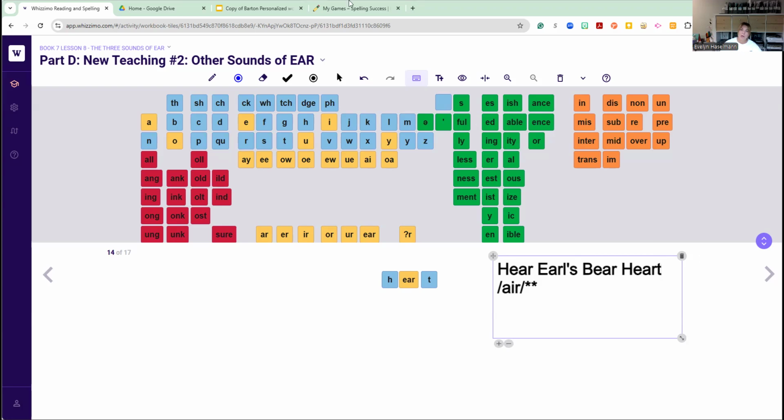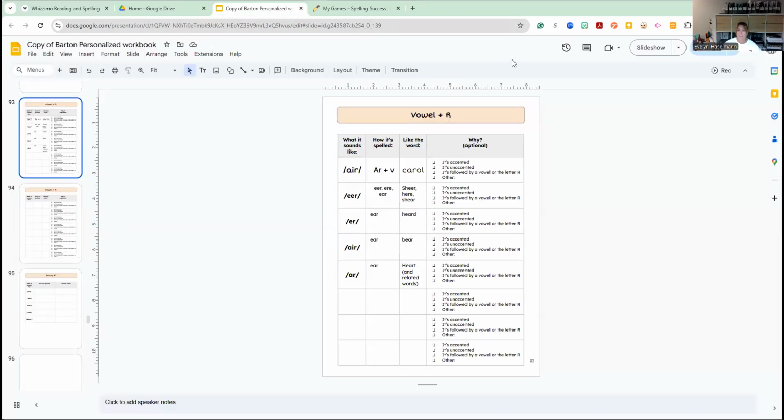Okay, so where am I going to categorize this? There is a page in your student's book, page 93, where I can see that this would be a good spot to put this. What it sounds like, how can you spell it? Okay. Now again, you might want to add EAR as a spelling on the ER side.